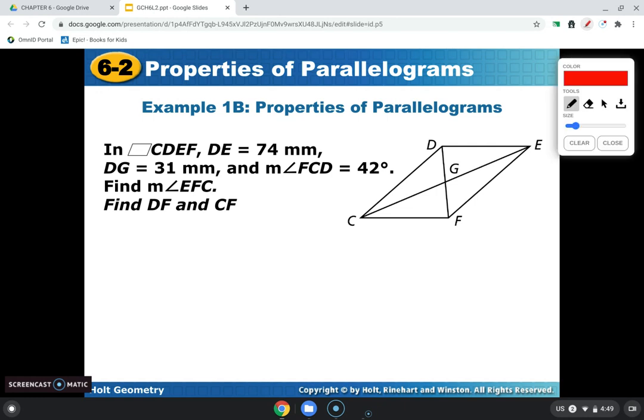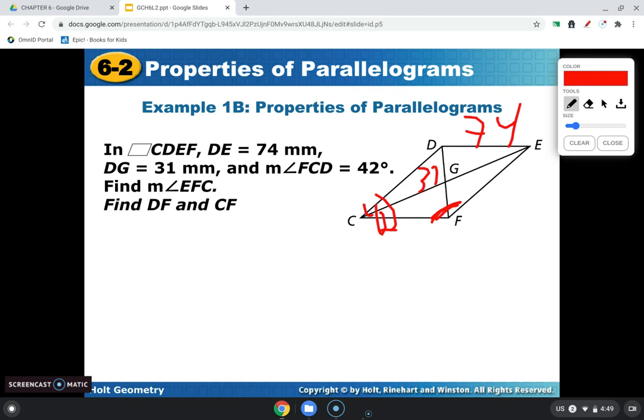All right. In CDEF, DE is 74 and DG is 31, and FCD is 42. Find EFC. Well, EFC would be over here.